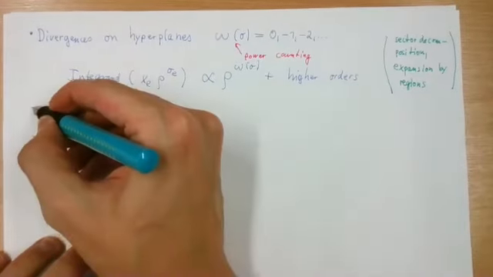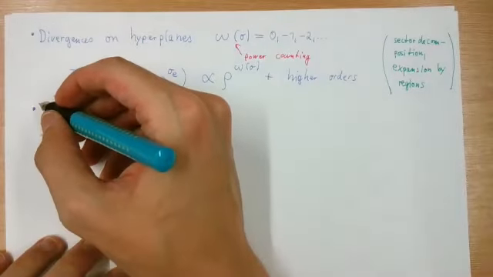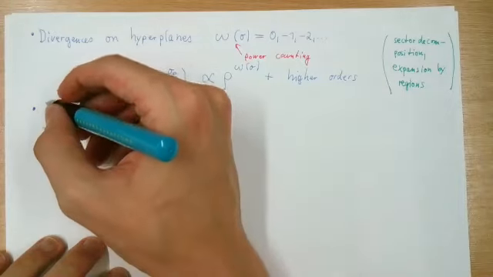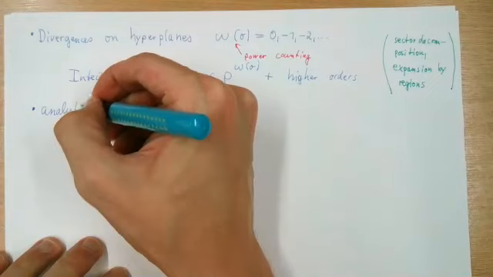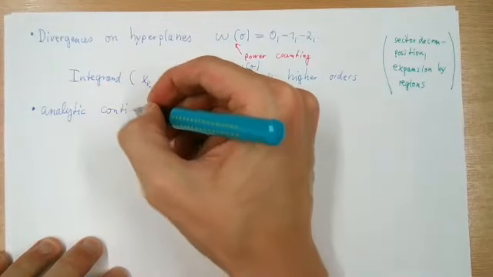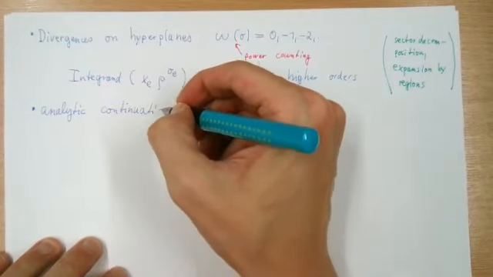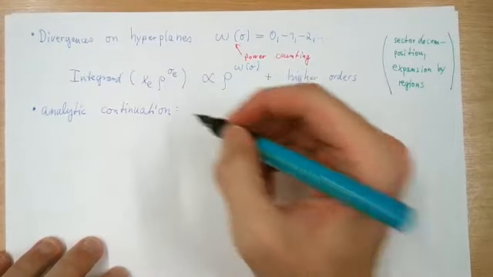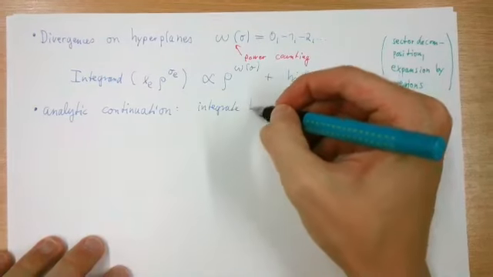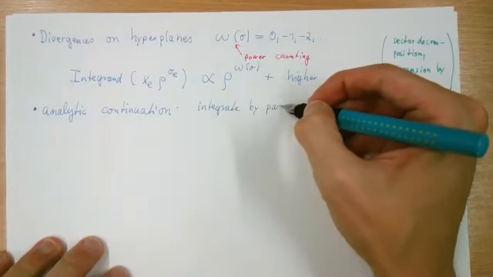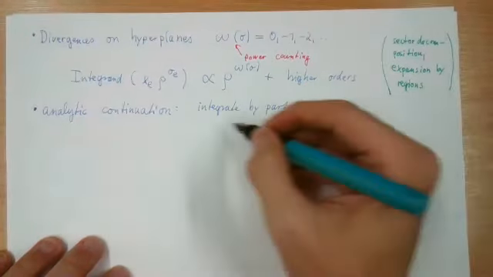Okay, so we have these divergences, and then we discussed that, well, there are divergences, but you can actually go beyond them. So we talked about the analytic continuation. The idea was to integrate by parts. This does not change the integral, but it gives you a different integral representation.